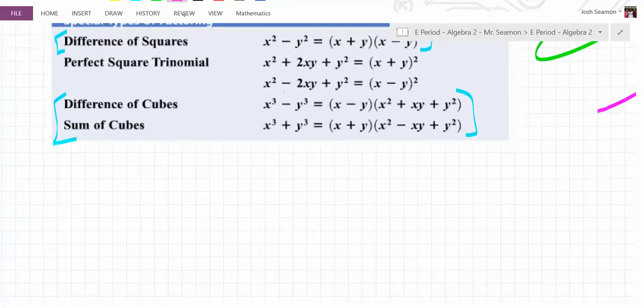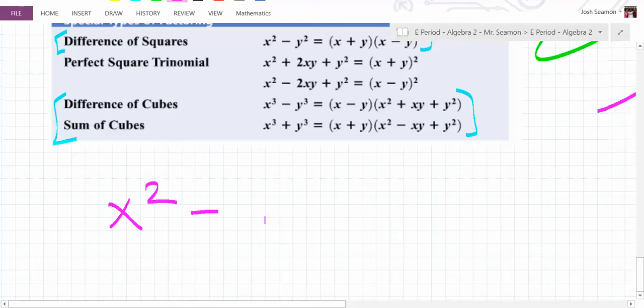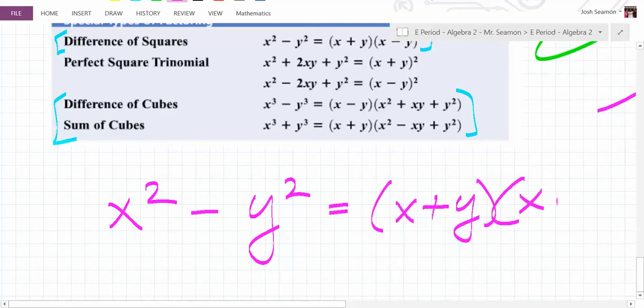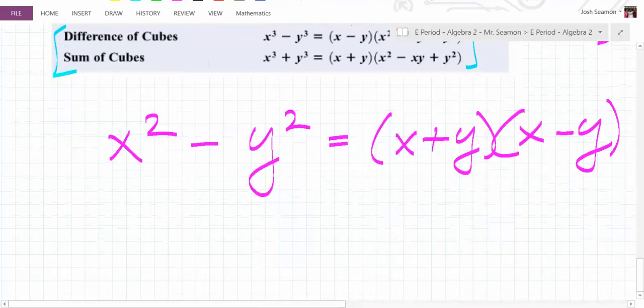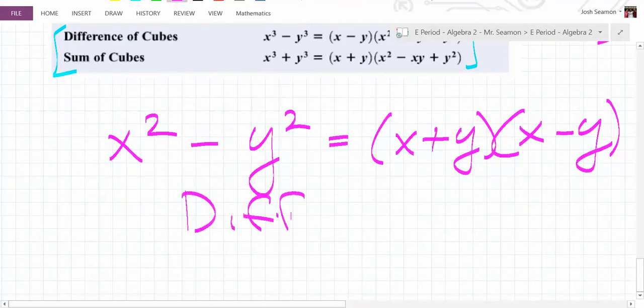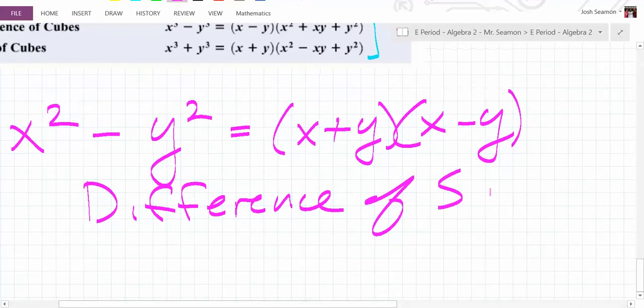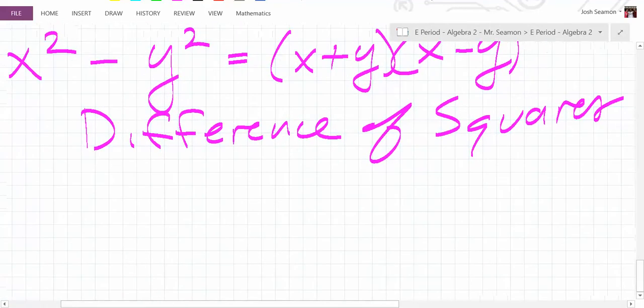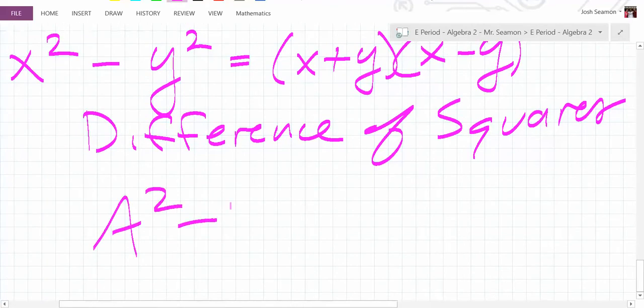They tell you this. X squared minus y squared is equal to x plus y times x minus y. This is called the difference of what? Squares. Difference of squares. So what does this formula tell you? Let's say I gave you a squared minus b squared.